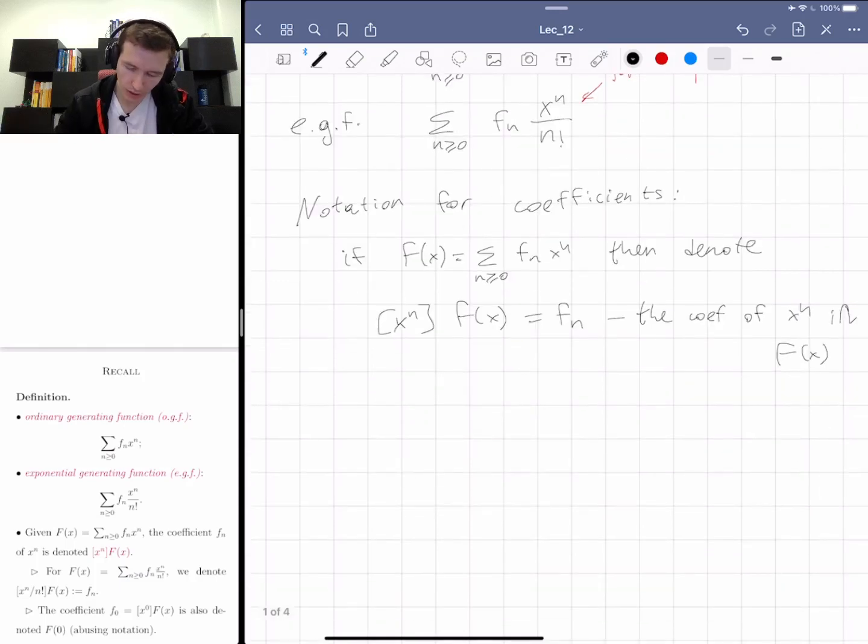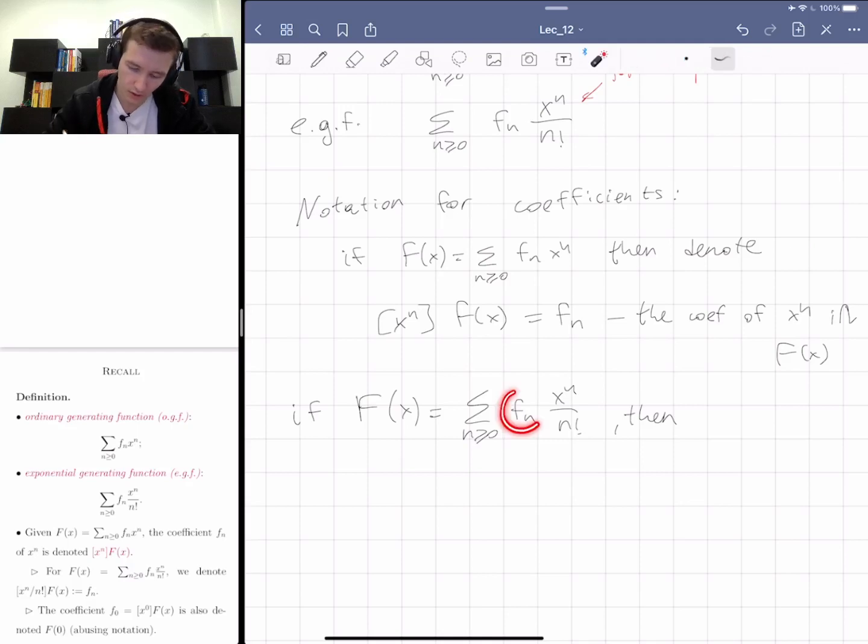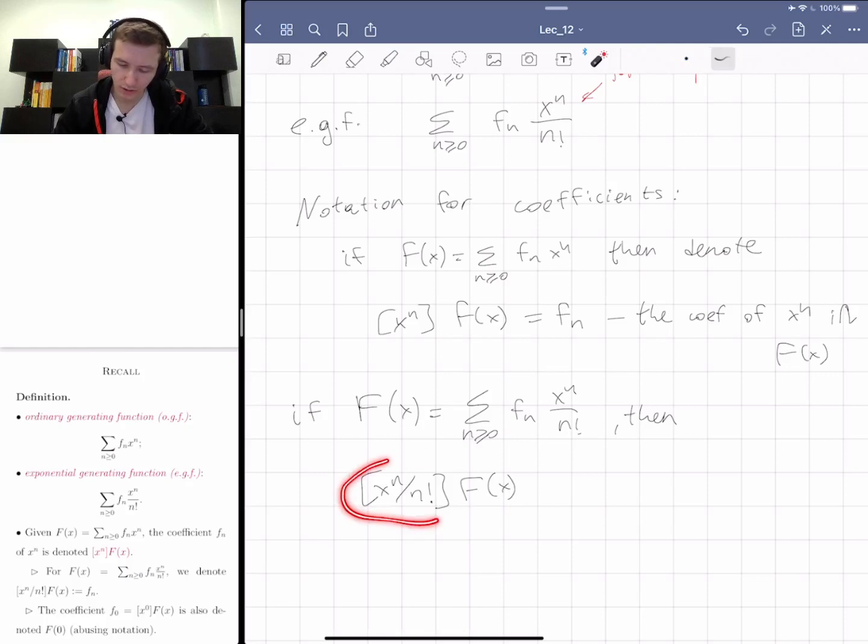And for exponential generating functions it is going to be convenient too. So if it's f sub n x to the n over n factorial, then I'm going to denote these coefficients f sub n, to be consistent, as [x^n]. So I want the coefficient of x to the n over n factorial.